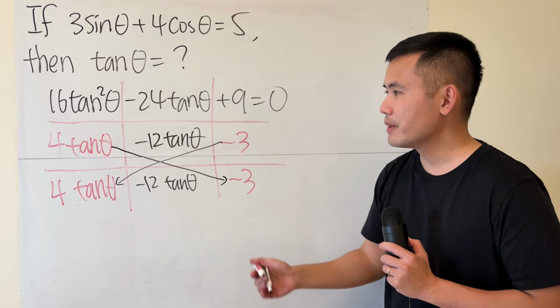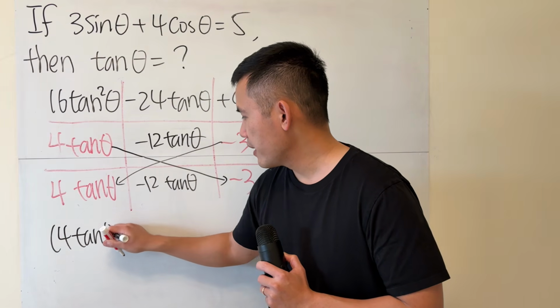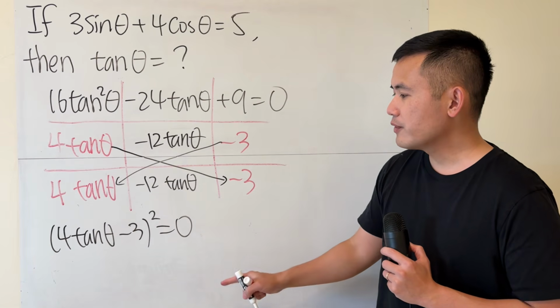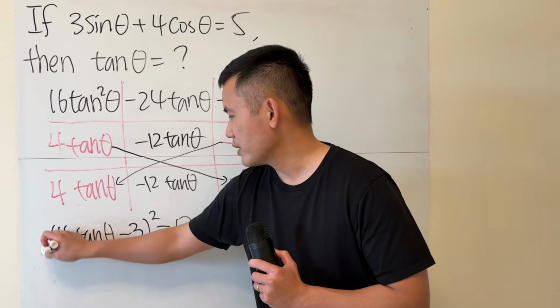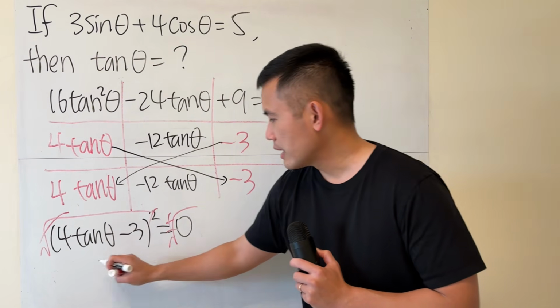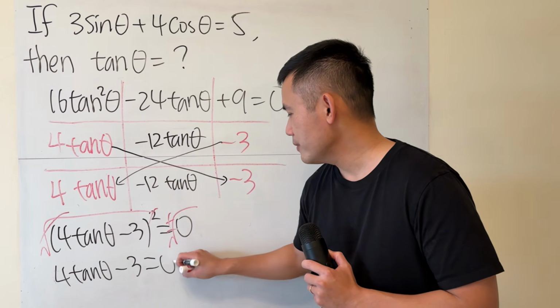The factors are the same. So this becomes 4 tangent theta minus 3 squared equaling 0. And of course, the only way for this to be 0 is the inside is equal to 0, where you can take the square root on both sides and all that stuff. Up to you though. So that means 4 tangent theta minus 3 is equal to 0.